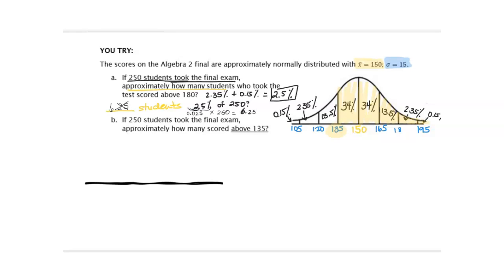The percentage above 135 is equal to 34% plus 34% plus 13.5% plus 2.35% plus 0.15%. That gives us a total of 84%.